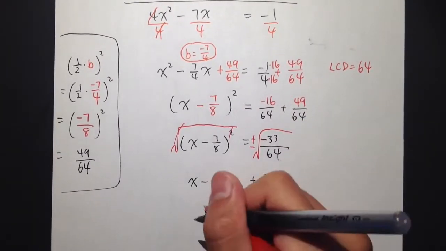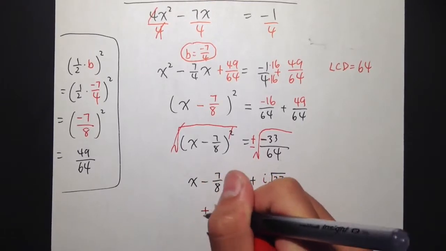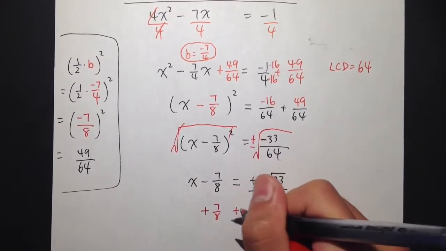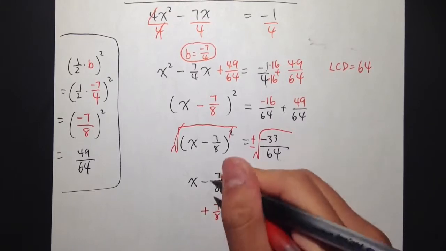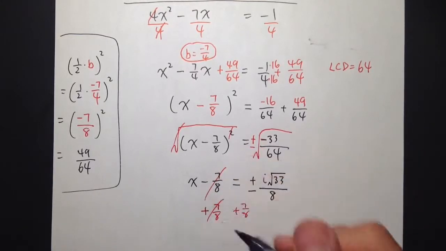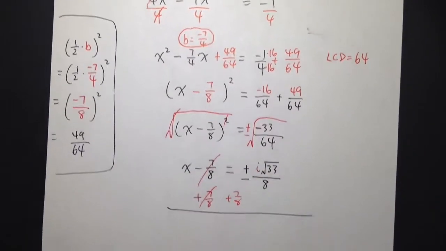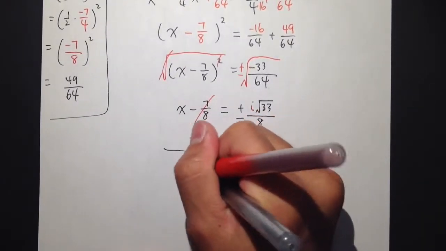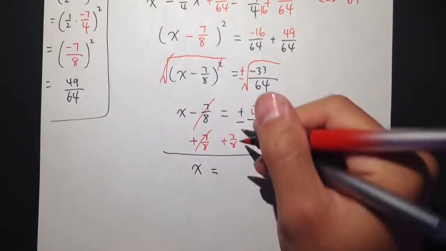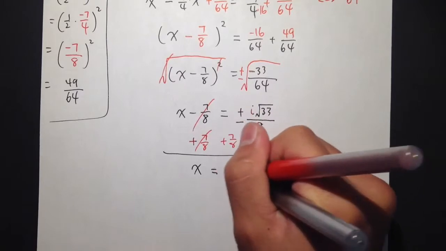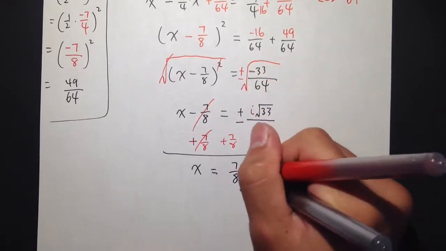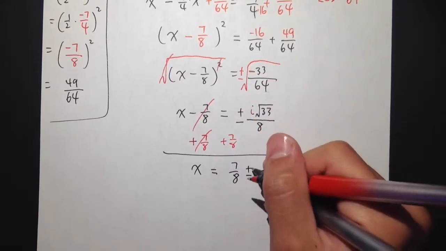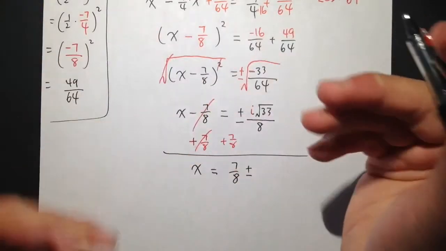Okay, now to finish this up, plus 7/8 on both sides. So these two fractions cancel, and then I will end up with x by itself equals positive 7/8 plus minus. So whenever we say plus minus, that means we have actually two solutions.